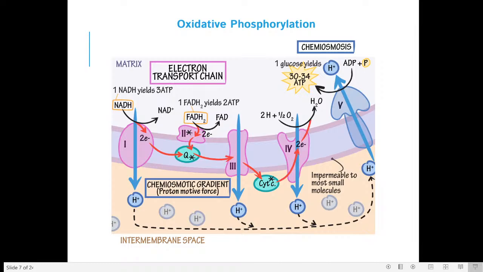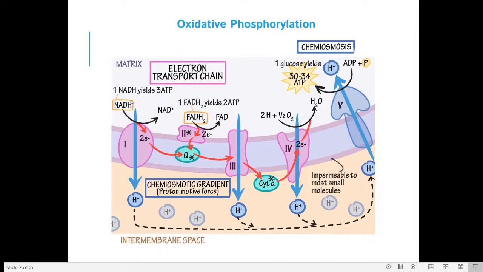Likewise, one FADH2 yields 2 ATP. One NADH helps produce 3 ATP, and one FADH2 helps produce 2 ATP. This is a very notable thing in oxidative phosphorylation, because questions are asked about this ATP yield.